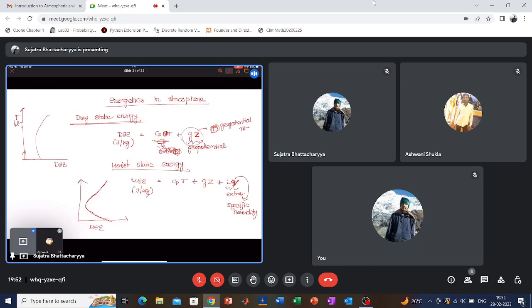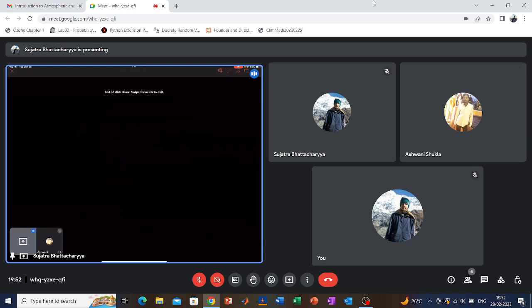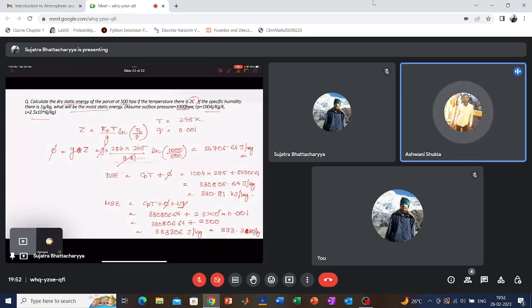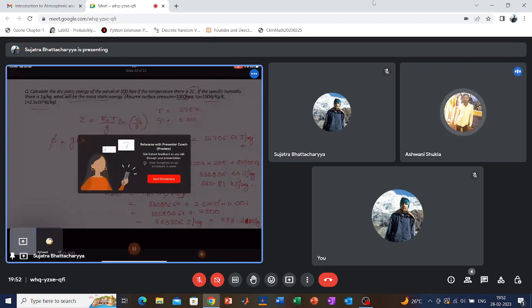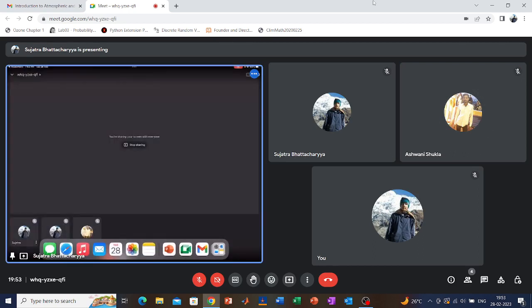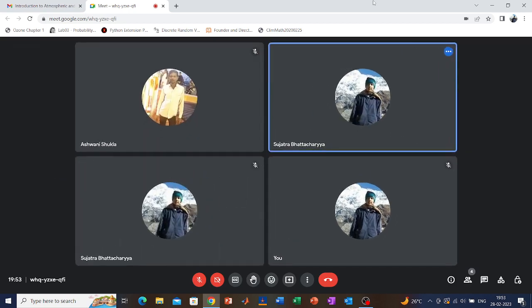And this plot I will check and tell you how this dry static energy varies with height. Okay. So here I stop. Nothing else is there, I think. Okay. Okay, sir. Okay. Thank you. Okay, bye. Good night.